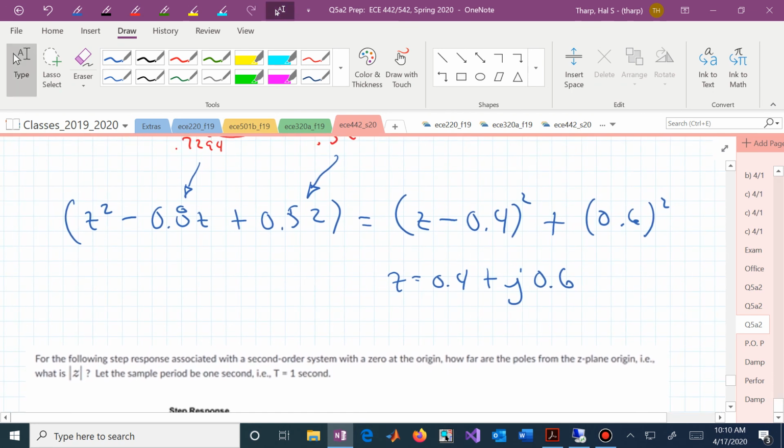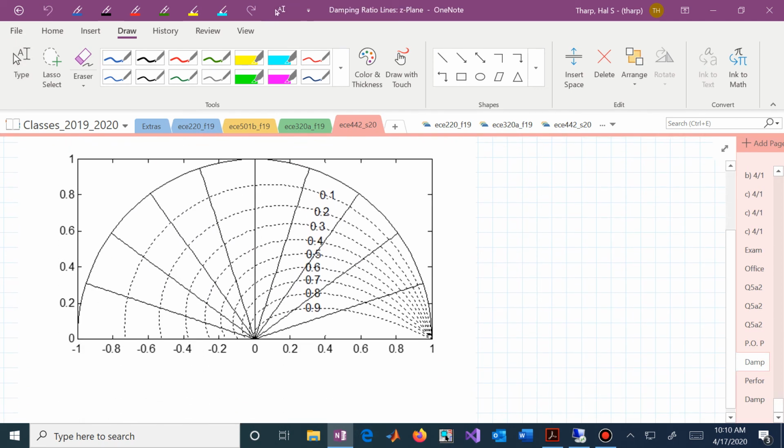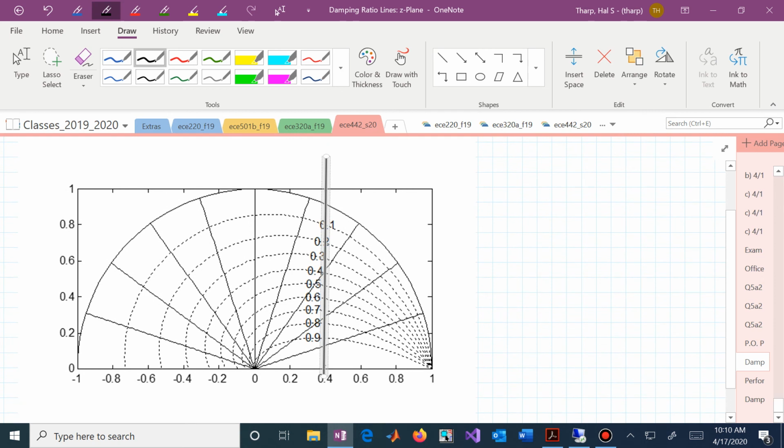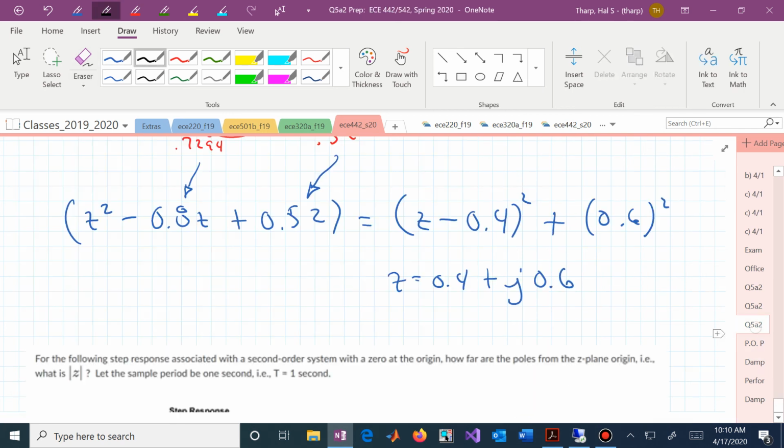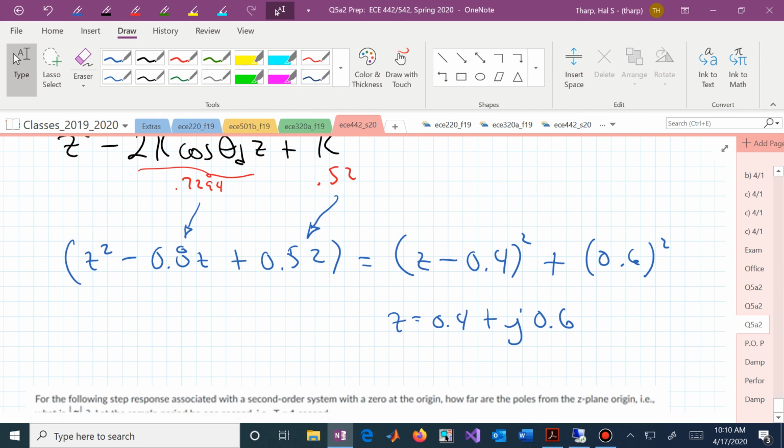Maybe I didn't, but now we could go back to this chart and look at where we end up with respect to 0.4 and 0.6, and that gives us a zeta of 0.3, which is what we knew to calculate from that. So that's now our answer that we would be selecting.